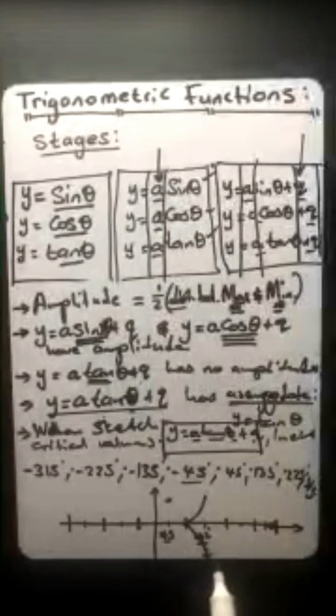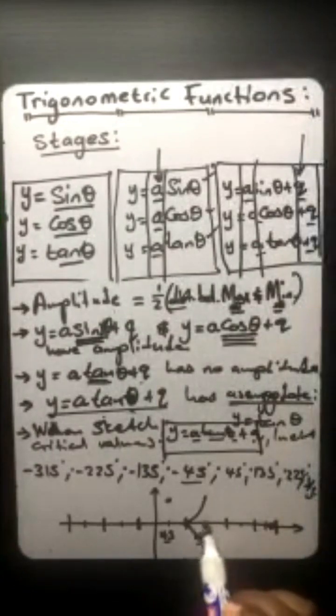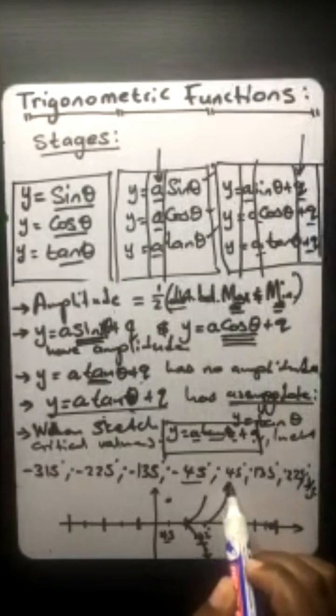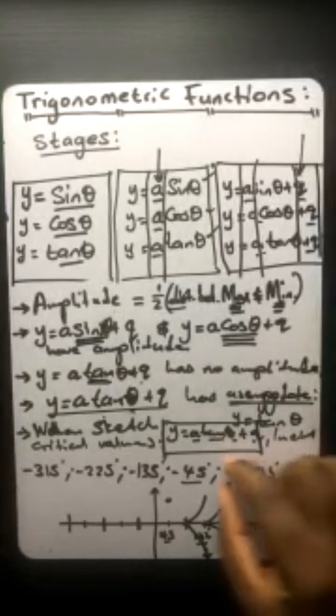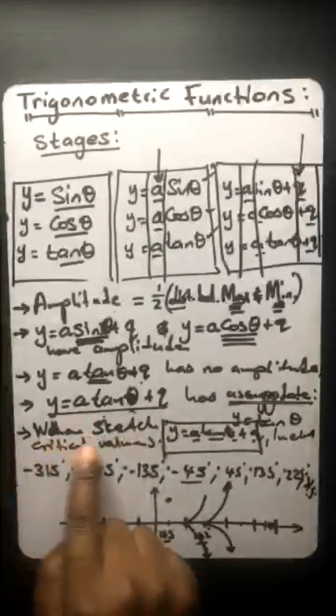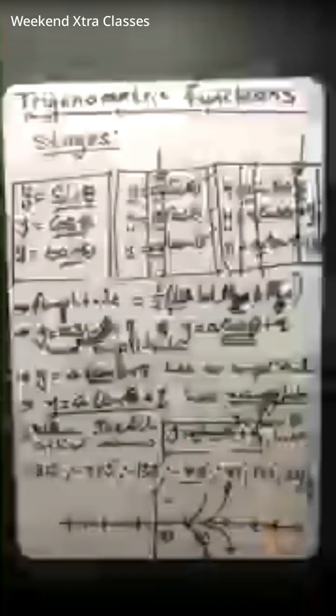That's how you know whether you are going upwards or to the negative side. It will make sense as we continue, but for now, as part of your notes, include that when you sketch the function for tan, include the critical values.